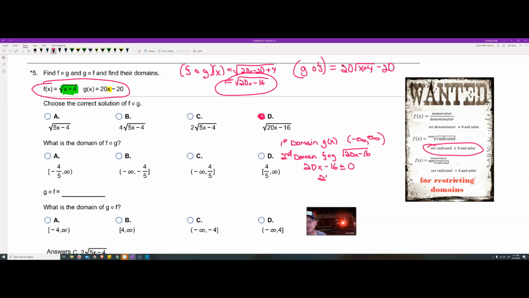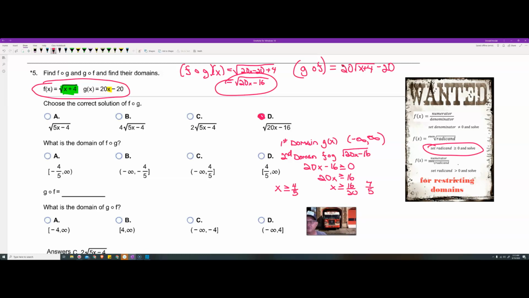So I add 16 to both sides. Then I divide by 20, and I reduce that to lowest terms. So divide both by 4 and I get 4/5. So my second domain is x is greater than or equal to 4/5.